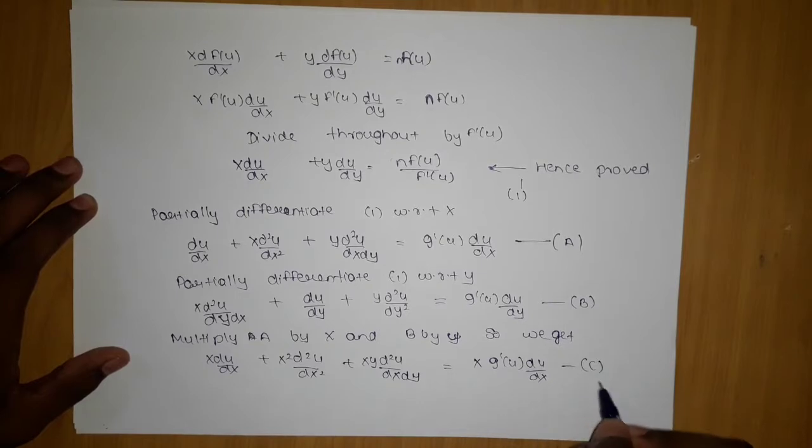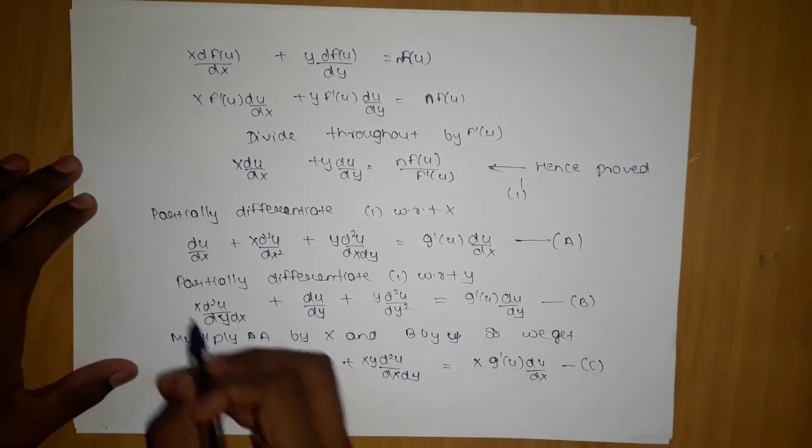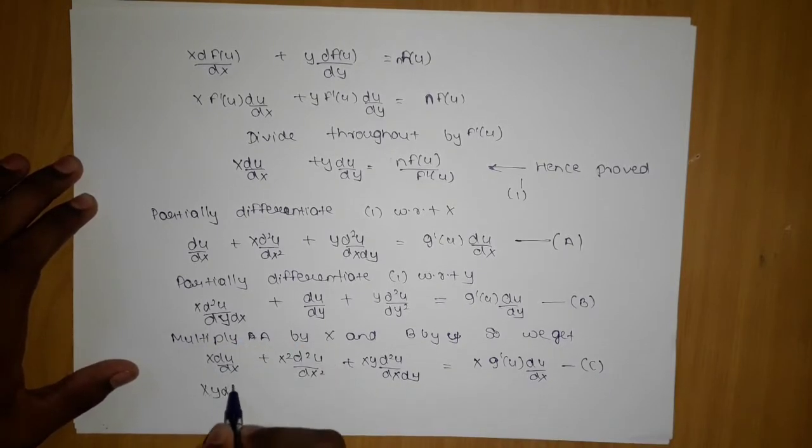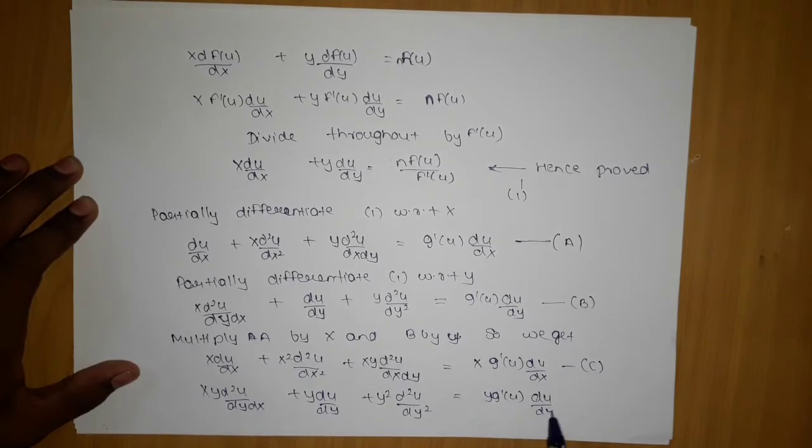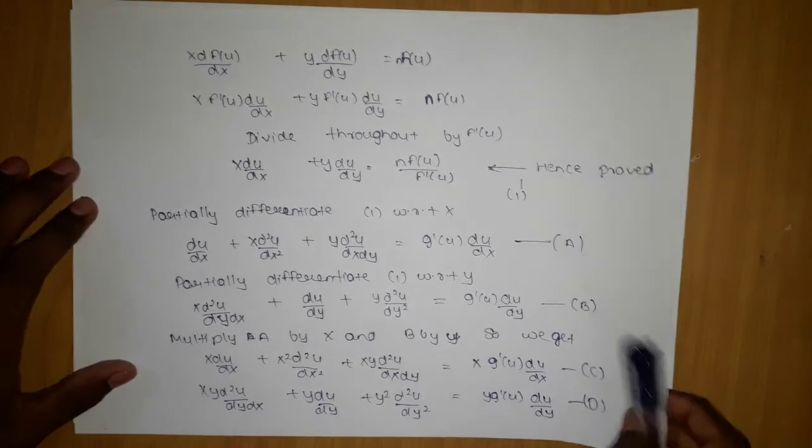Let's call this c. And similarly here we will have xy ∂²u/∂y∂x, y ∂u/∂y, y² ∂²u/∂y² equals y g'(u) into ∂u/∂y.